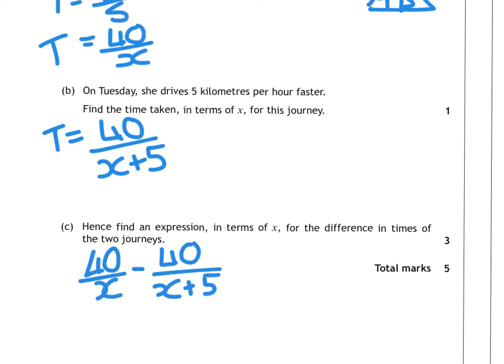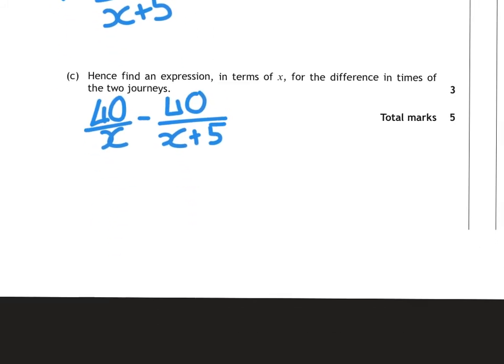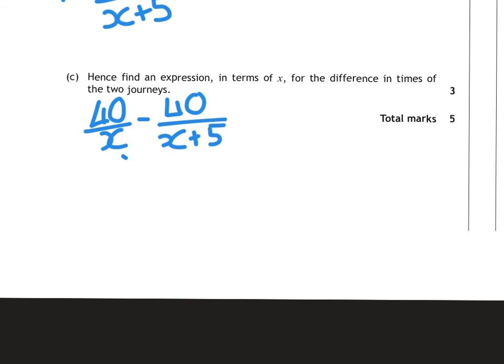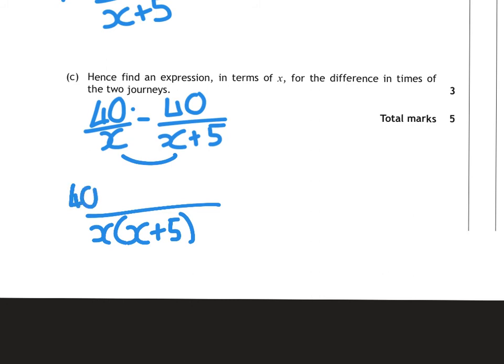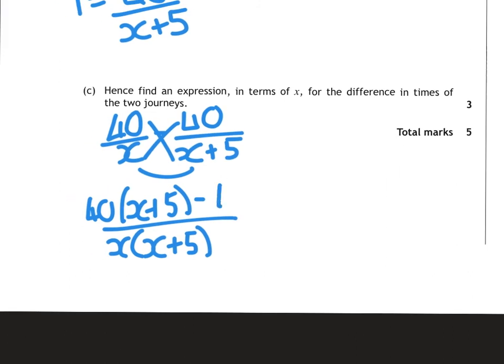See, once you see it like that, do you recognise the type of question? It's your algebraic fractions, your smiling face. So your denominator is x bracket x plus 5. And then you've got 40 times that, take away 40x. Right, I've run out of room.